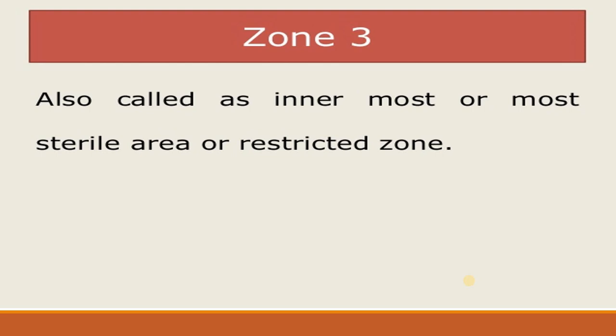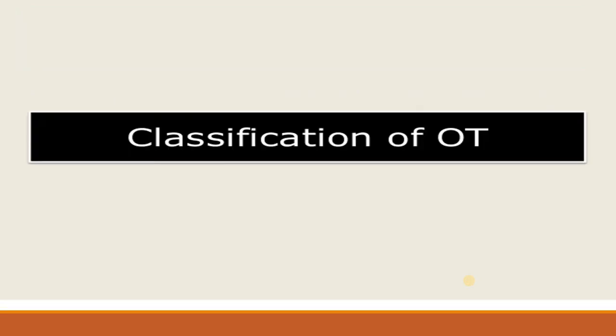Did you understand? We discussed zone first, the outer zone, zone second, the middle zone, and the last one, the inner zone or most sterile zone. Next we will start the classification of the OT.